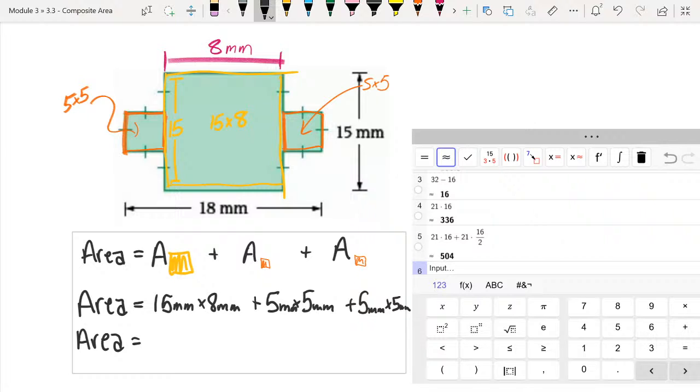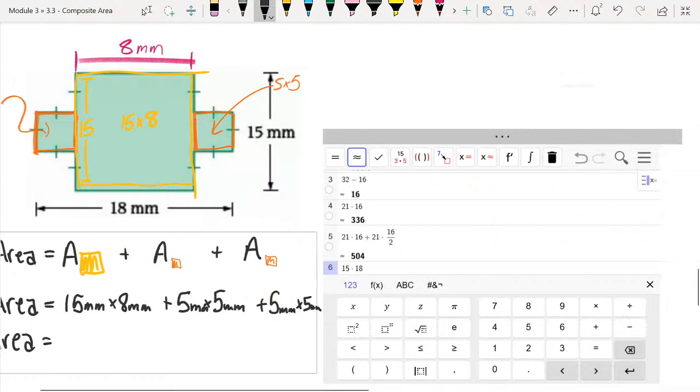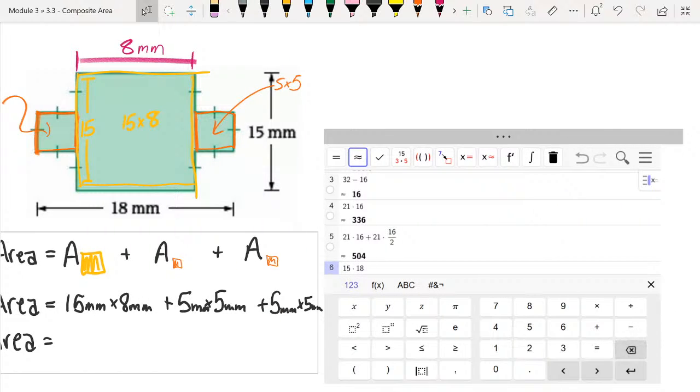And we can just go ahead and put that in the calculator. So we can say 15 by, nope, not by 18, by 8, plus 5 by 5 for the second rectangle, plus 5 by 5 for the third rectangle.